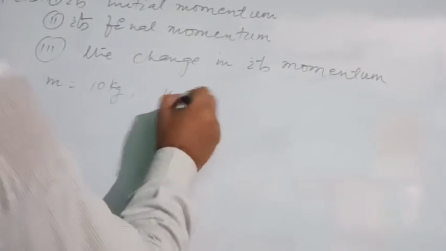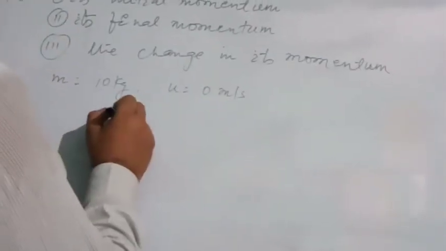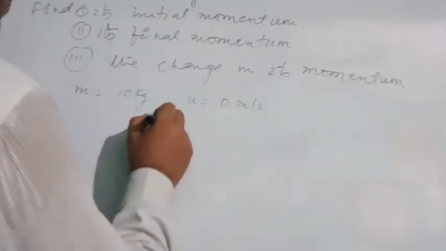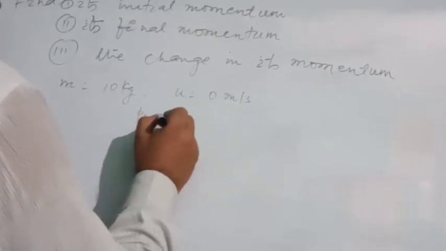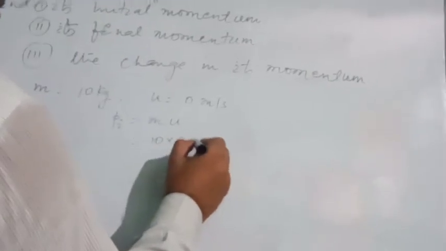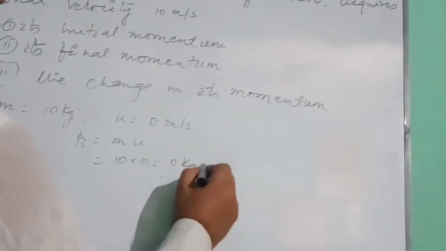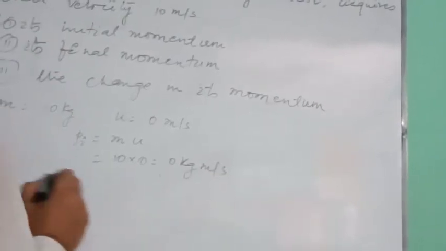Mass equals 10 kg. The object is initially at rest, then U equals 0 meter per second. So the initial momentum Pi equals mass into initial velocity, 10 into 0, 0 kg meter per second.